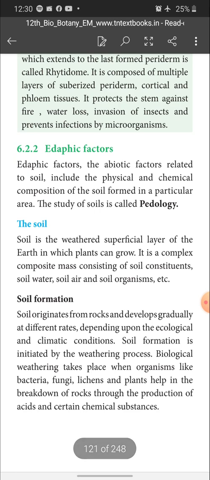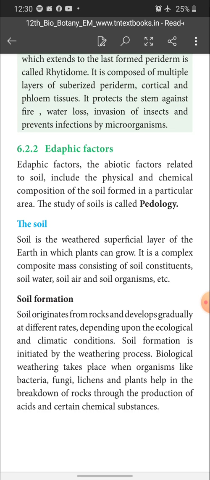Then the soil. Soil is a weathered superficial layer of the earth in which plants can grow. It is a complex composite mass consisting of soil constituents, soil water, soil air and soil organisms, etc. Soil formation: soil originates from the rocks and develops gradually at different rates, depending upon the ecological and climatic conditions.